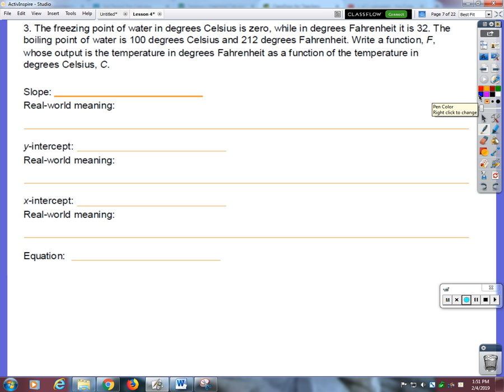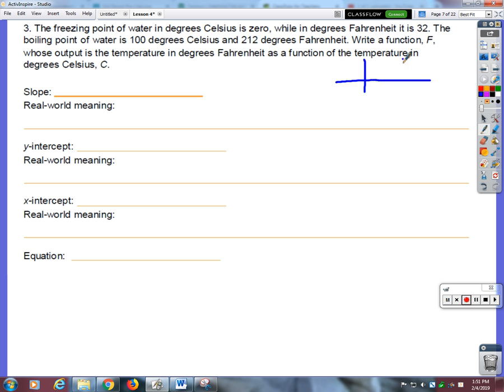The freezing point of water in degrees Celsius is 0. In degrees Fahrenheit, it's 32. The boiling point of water is 100 degrees Celsius and 212 degrees Fahrenheit. Write a function whose output is the temperature in degrees Fahrenheit as a function of the temperature in degrees Celsius.